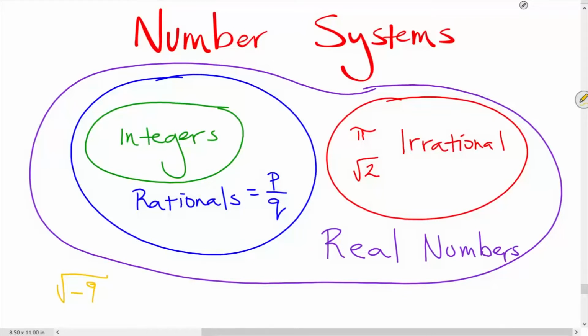There is no number in the real number system that I could square to be equal to -9, because both negative 3 and positive 3 square to be +9 and not -9. That gives rise to imaginary numbers. We call this 3i. We'll talk a bit more about that as we go on.